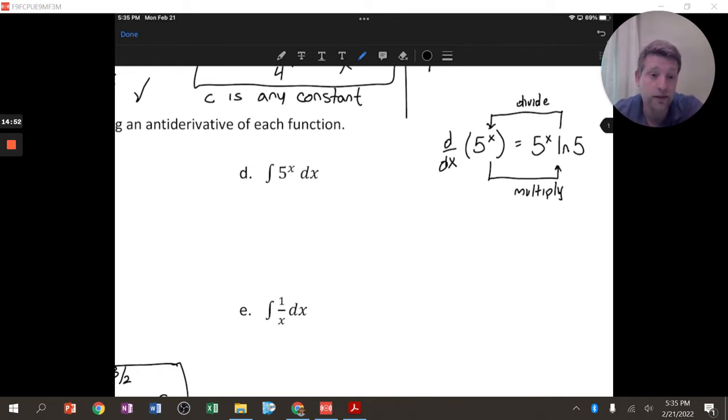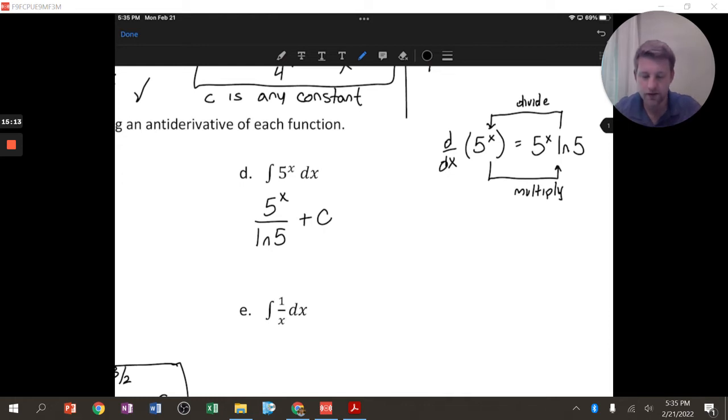And that would actually be good intuition for our antiderivative here. So we could say that the antiderivative for any exponential term, base b, is that function 5 raised to the x divided by the natural log of the base. And then again, plus c.